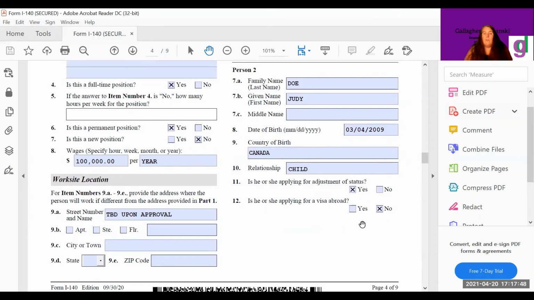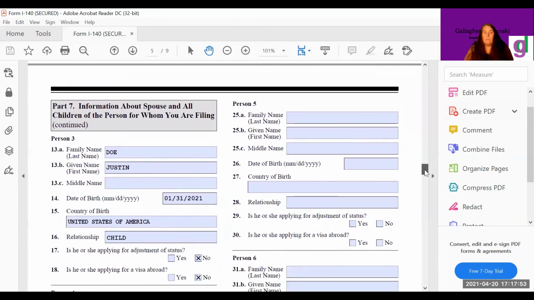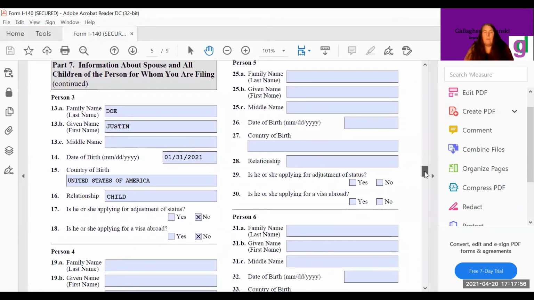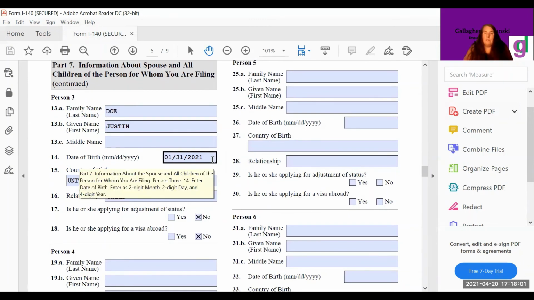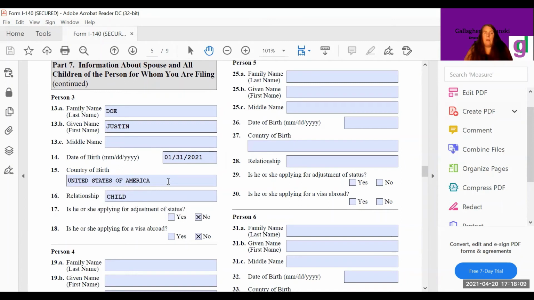They're not applying for a visa abroad. But child number 2 was just born on January 31st, and they were born in the United States. So they are a citizen by birth. That means they do not have to apply for adjustment of status. And they're not applying for a visa abroad because they're in the US with you. They were just born a few months ago.